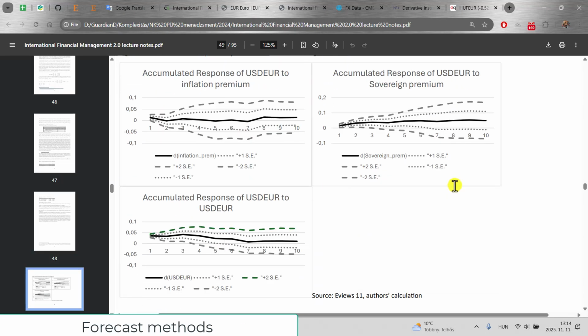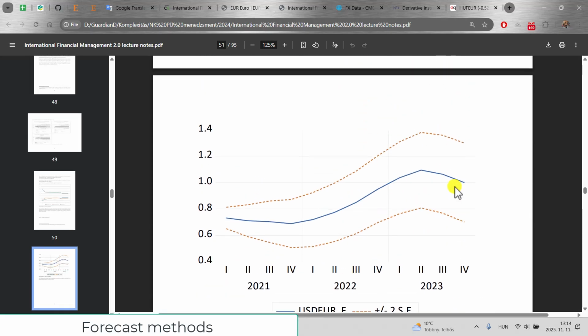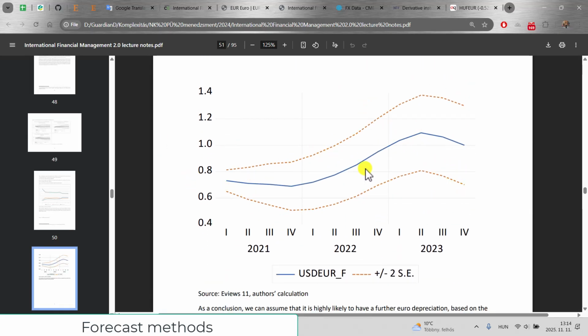And this is the forecasting model. Yeah, impulse responses, blah blah blah. So we should do some kind of curvy thing like this, which looks forward. Okay, this is quite an old time series, but tomorrow we will do our own.